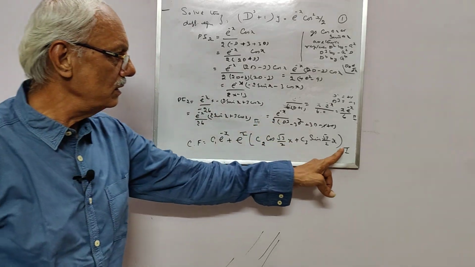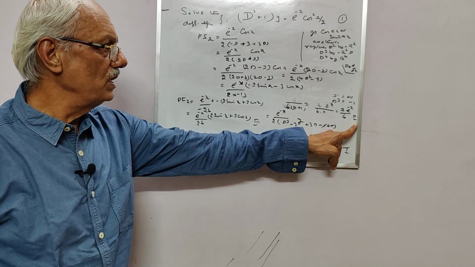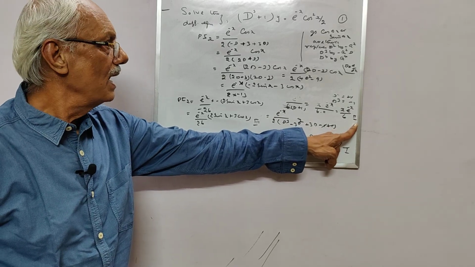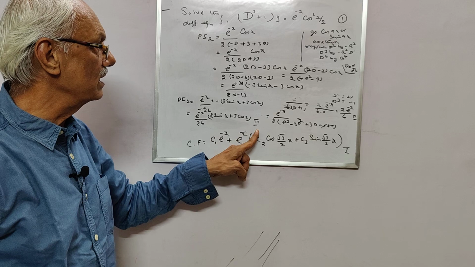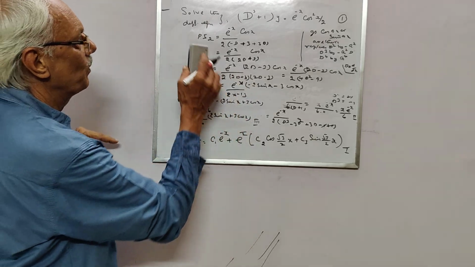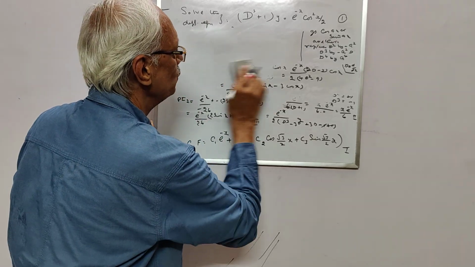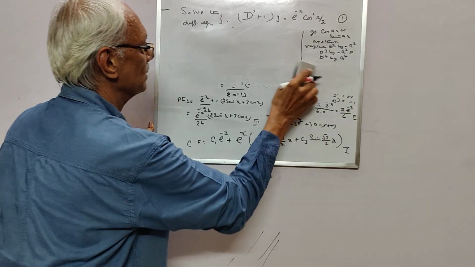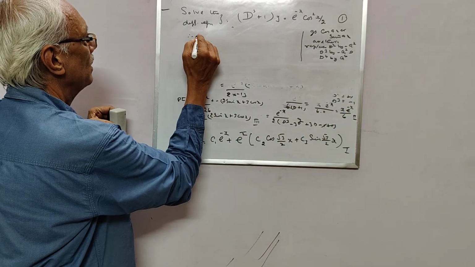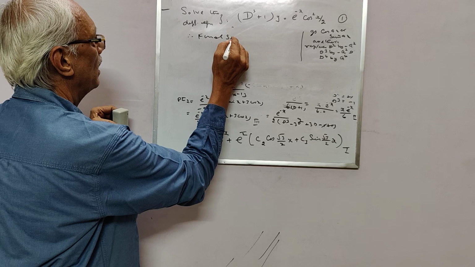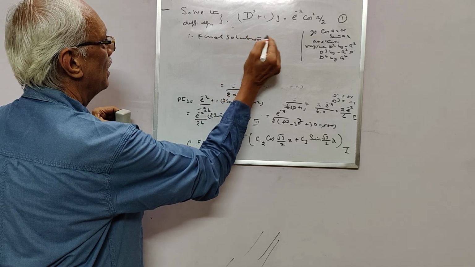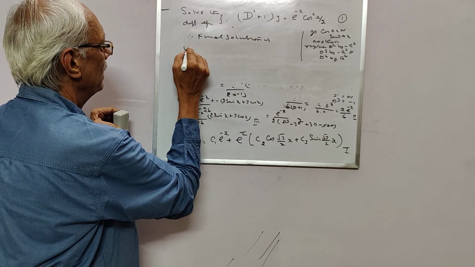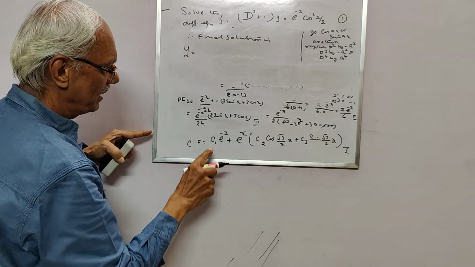So we have got 1, the complementary function, 2 is our particular integral 1, and 3 is our particular integral 3. Therefore, I will rub off this. Therefore, the final solution is y. What is your complementary function here?